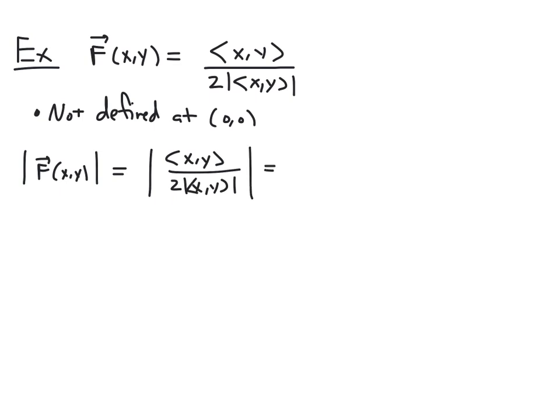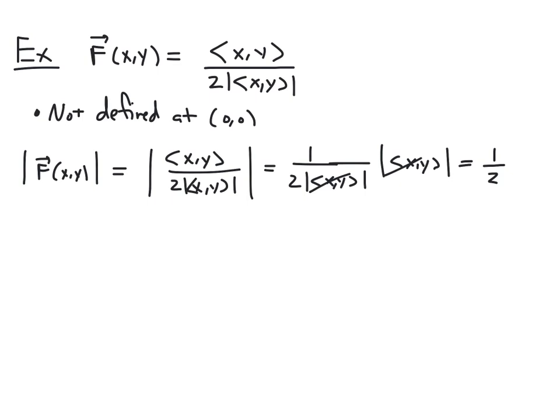So we have just the scalar, 1 over 2 times the magnitude. This is just a number, and we're going to multiply that by the magnitude of the vector xy. And notice that those simply cancel. For each point xy, we get a different vector and a different magnitude, but they're going to cancel exactly.